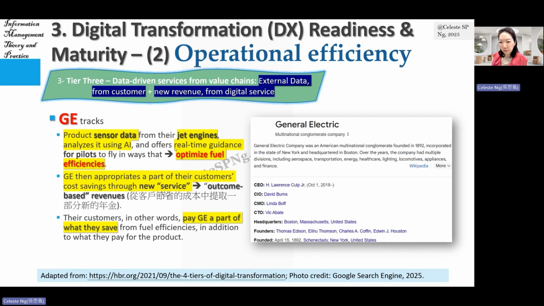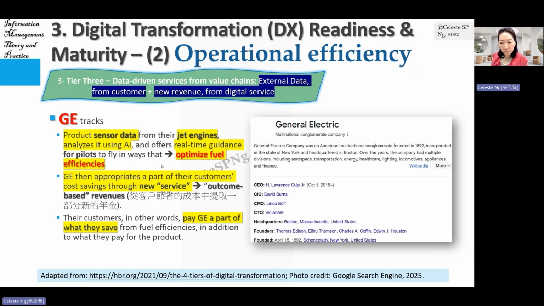So because GE is able to collect information about the customer's jet engine usage in real time, and it is able to provide the customers the optimal route, which can help the customer to optimize its fuel usage, which results in the customer being able to reduce the fuel cost or the trip cost, right?